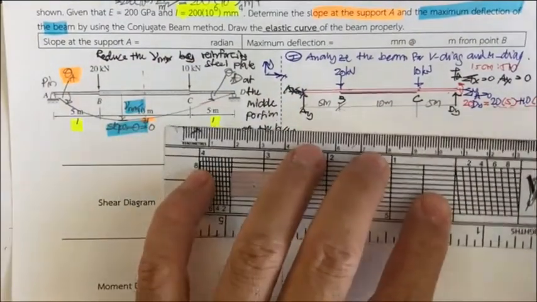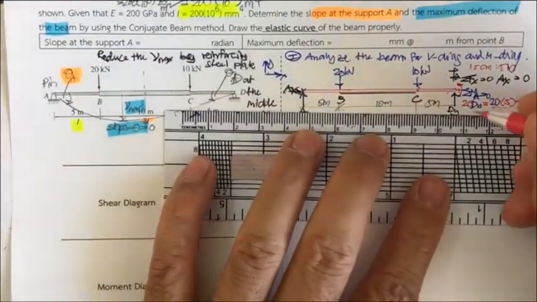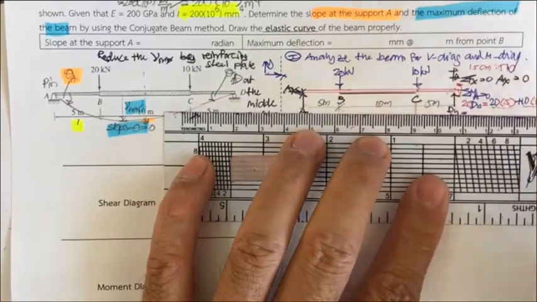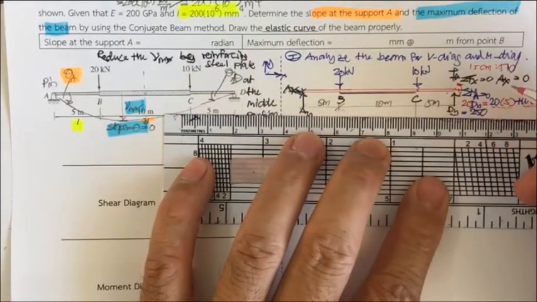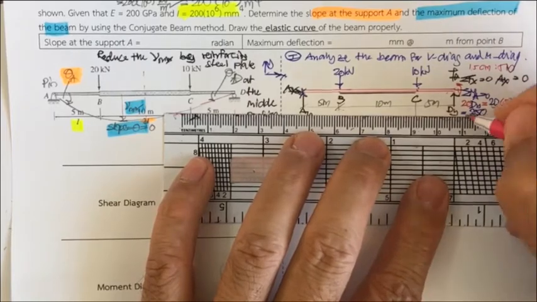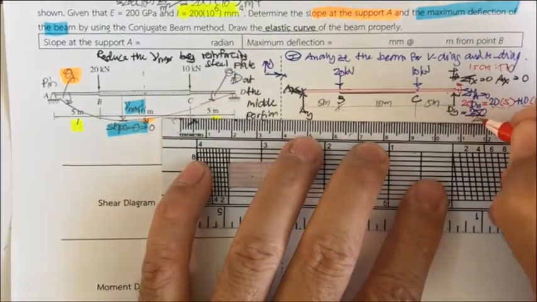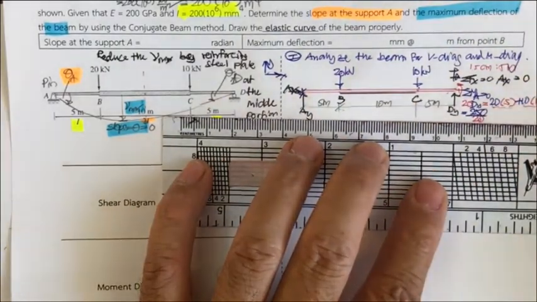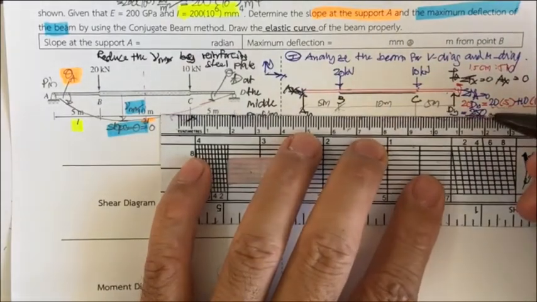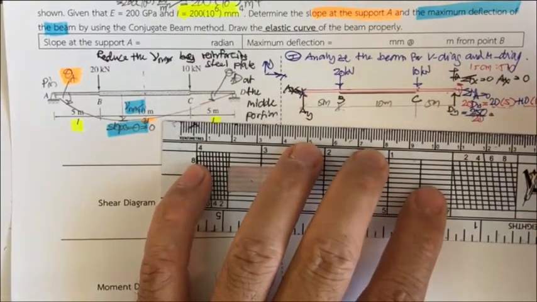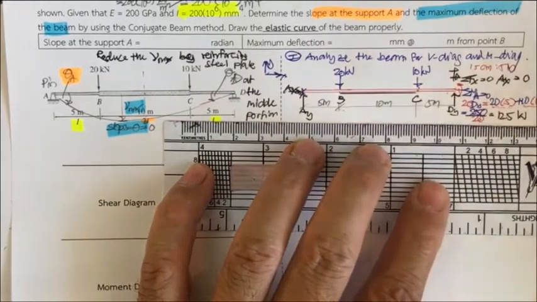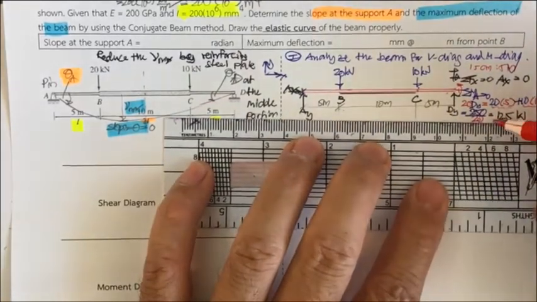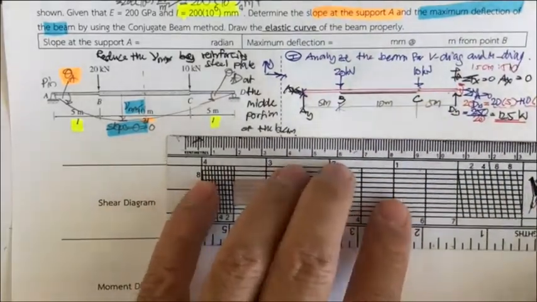So you're going to get D sub y equal to 250 divided by 20. Okay, and then you will get the D sub y of this one supposed to be 12.5 kilonewton. So this is your D sub y of 12.5 kilonewton.